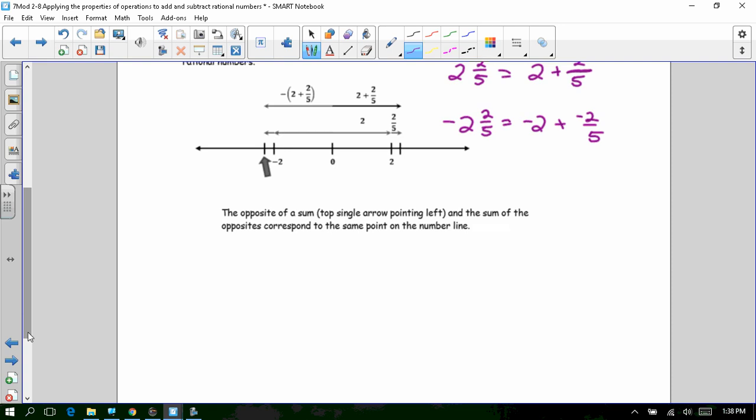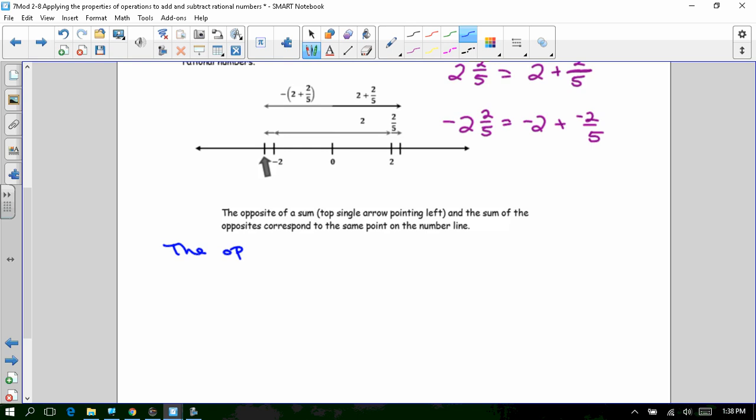Okay, so the opposite of a sum, the top single arrow pointing left, and the sum of the opposites correspond to the same point on the number line. The opposite of the sum is the sum of its opposites. I want to make sure we get that.